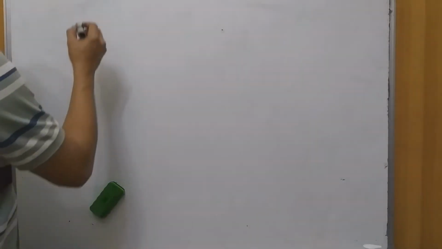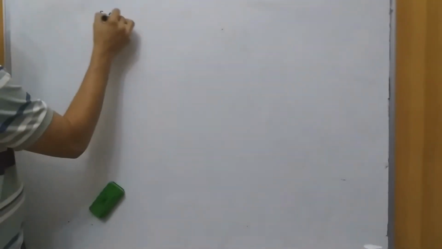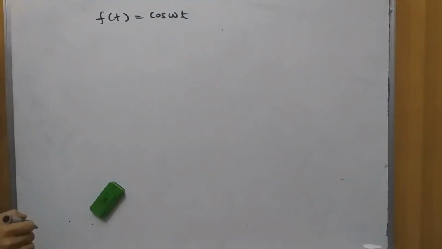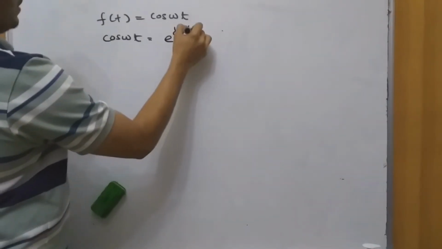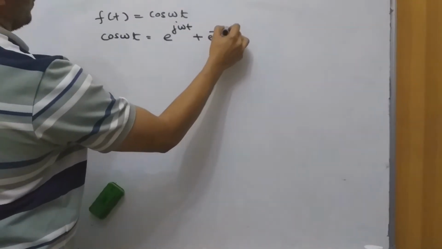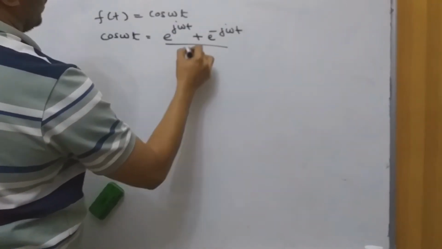So now let us see the transform of cos omega t. From the trigonometry that we have already studied, cos omega t can be written as e to the power j omega t plus e to the power minus j omega t, all divided by 2.